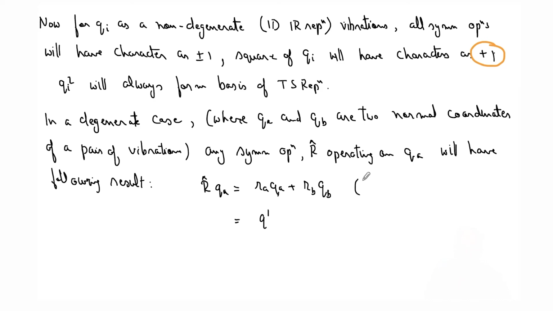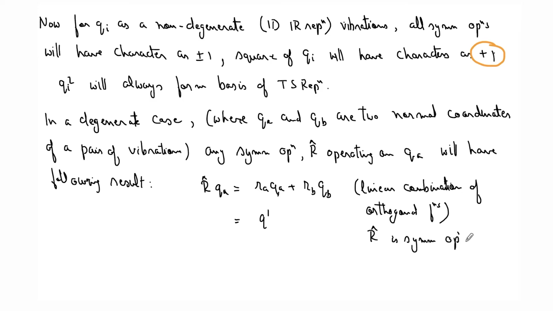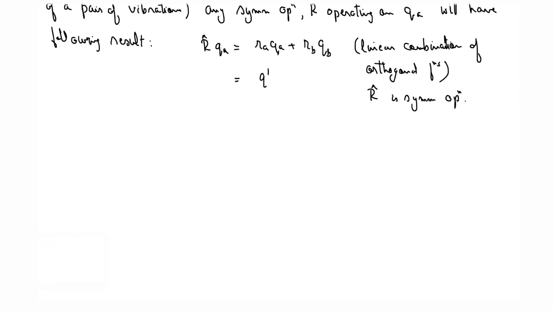So this is a linear combination of orthogonal functions which together form the basis for a particular IR representation. And R is the symmetry operation, right? So this is understood.